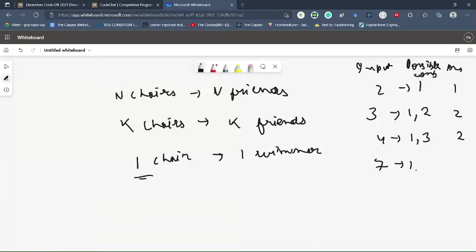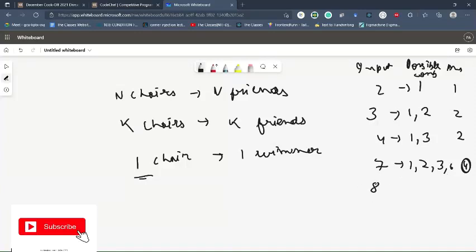For 7, it is possible to remove 1, 2, 3, and 6. So there are 4 possible combinations. If we take out 2 three times, it will be 6, and 1 is left. Similarly, taking out 3 two times, we are left with 1 chair, and if we take out 6, we are left with 1 chair.